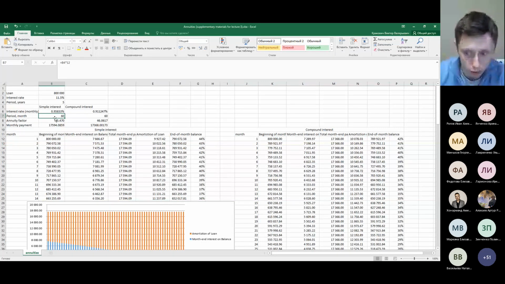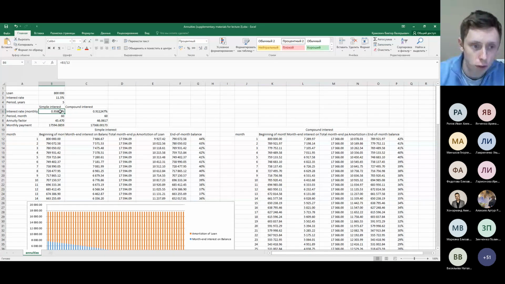What is the sequence of actions? The first thing we start from, we should estimate the interest rate for the month. This is the annual rate, and we convert it to the monthly one. Depending on the procedure we use, either compound interest rate or simple interest rate, we have a slightly different result. With this interest rate, we estimate the number of periods.